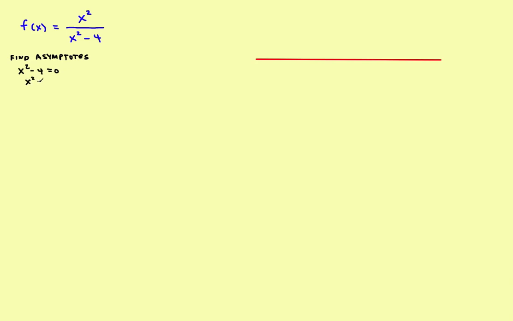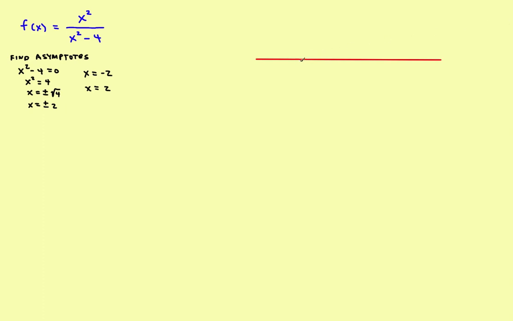So x squared would be equal to 4. x would be equal to plus or minus the square root of 4, which would give you x is equal to plus or minus 2. So you get x is equal to either negative 2 or positive 2. And that's where the asymptotes will be.